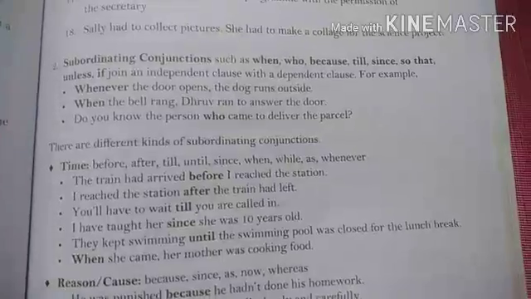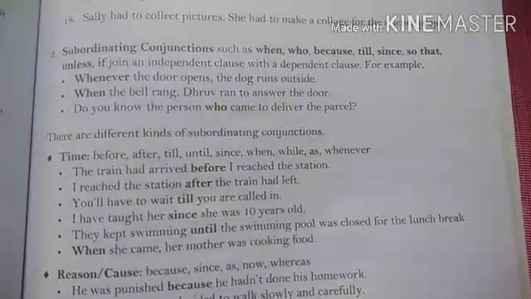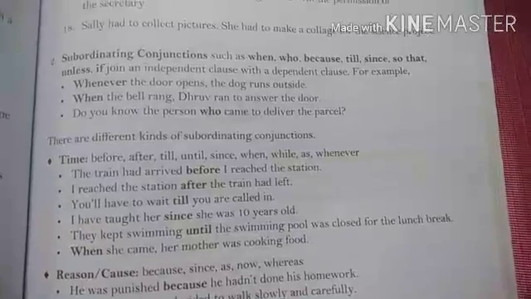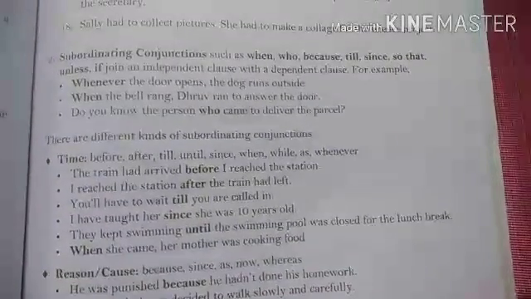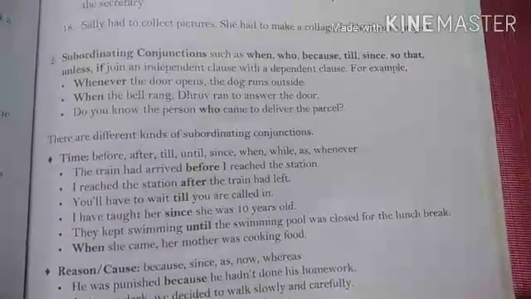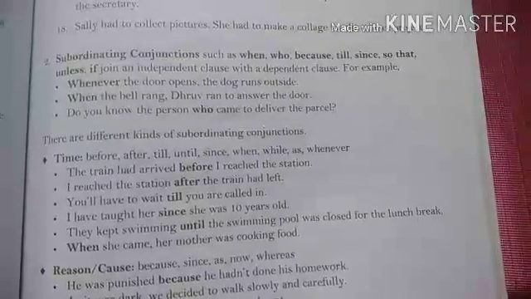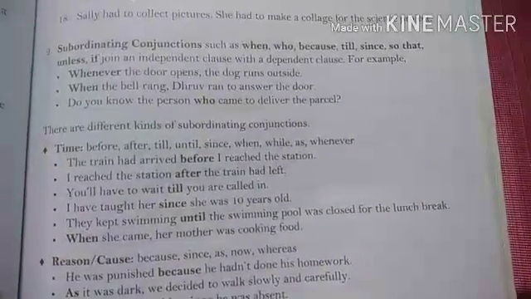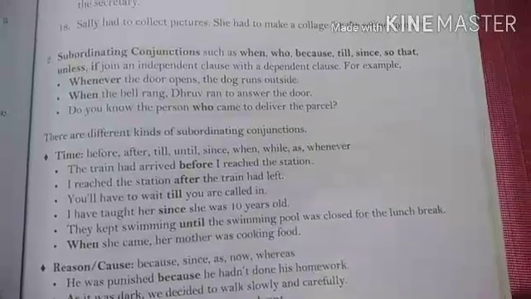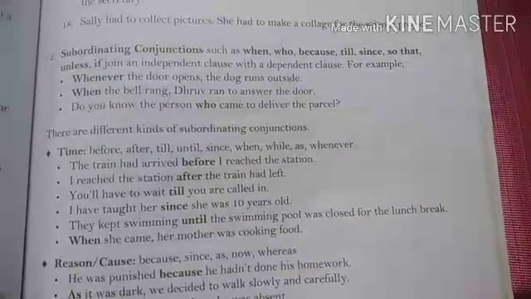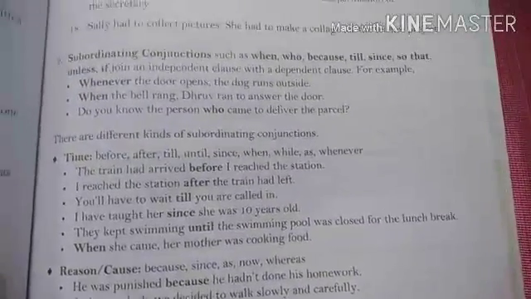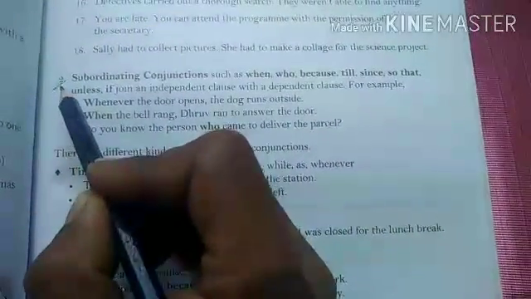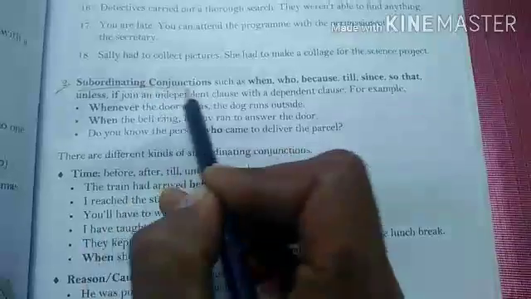As I have already explained in the previous video on this chapter, there are three types of conjunctions. One is coordinating conjunctions, number two is subordinating conjunctions, and number three is correlative conjunctions. So I have already explained coordinating conjunctions in my previous video, and now we will understand the next kind of conjunctions, that is subordinating conjunctions.